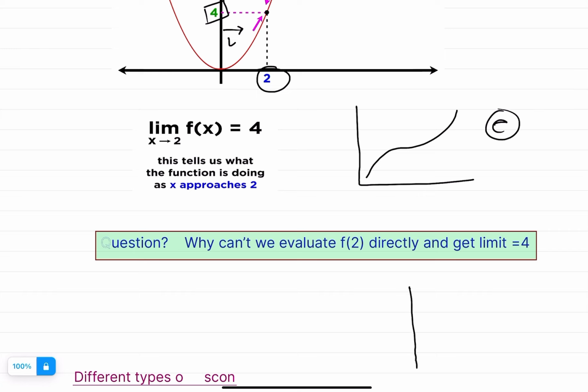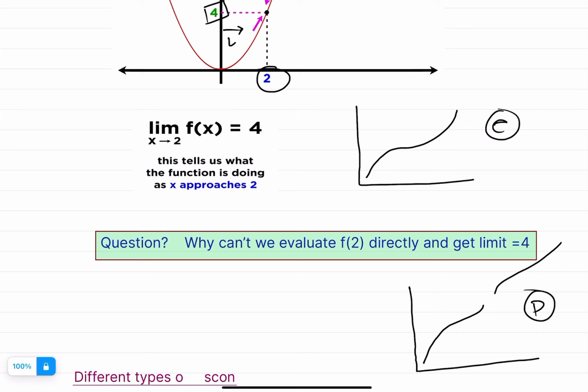And discontinuous functions are those which we draw by lifting our pencil or pen. This is a discontinuous function. The problem is not with a continuous function, but with a discontinuous function. We cannot directly evaluate the value at a particular point.